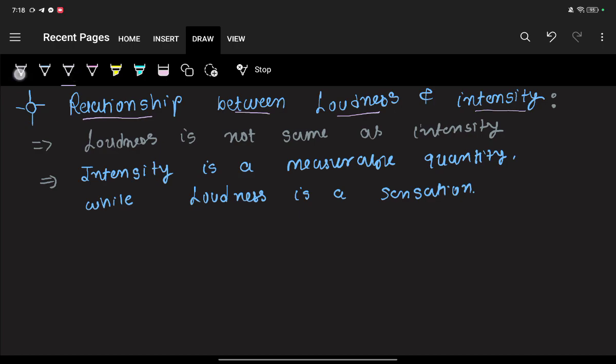It differs from person to person. It depends on the sensitivity of the ear of the person.